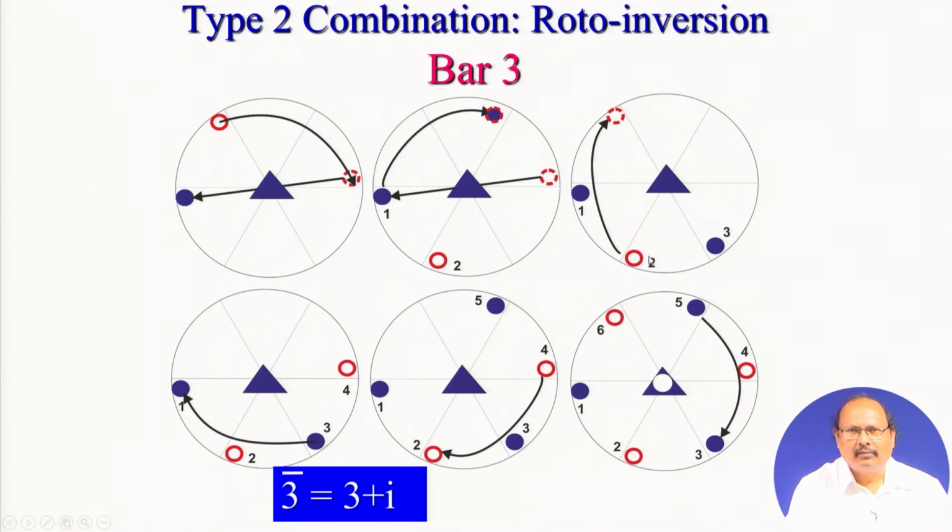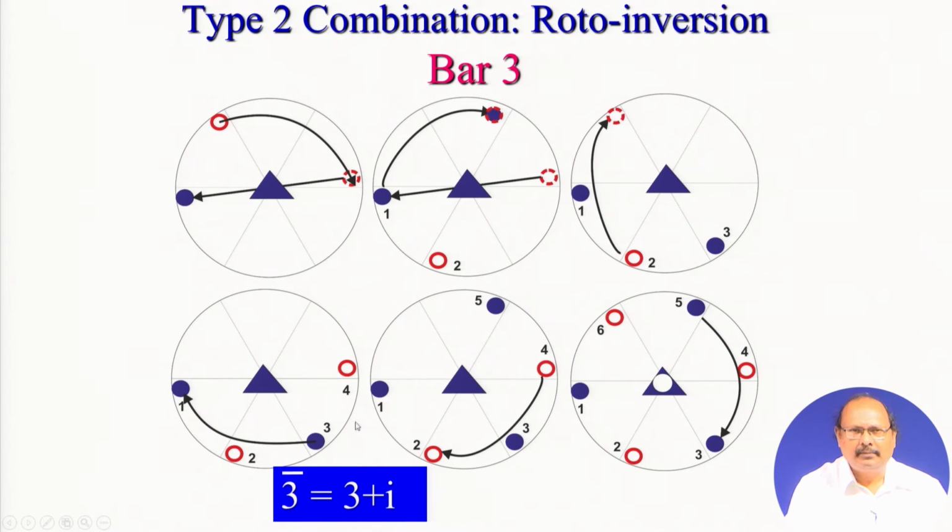Now this open circle is rotated 120 degrees and undergoes an inversion, and it is regenerated here at 3. So, a closed circle is generated here.